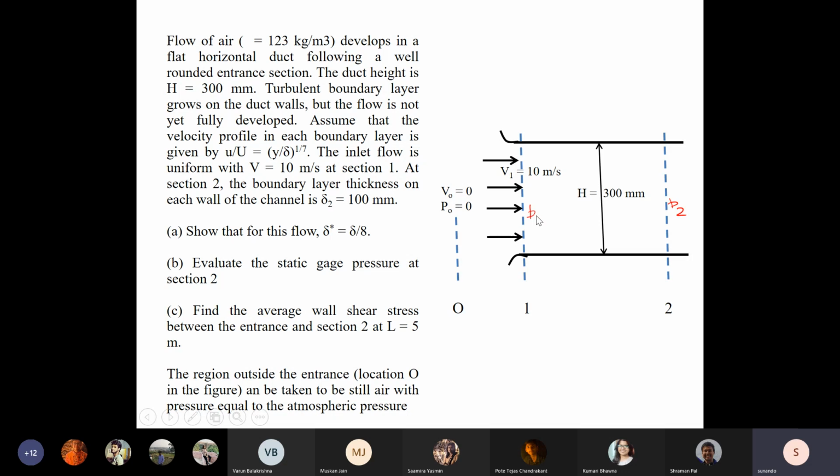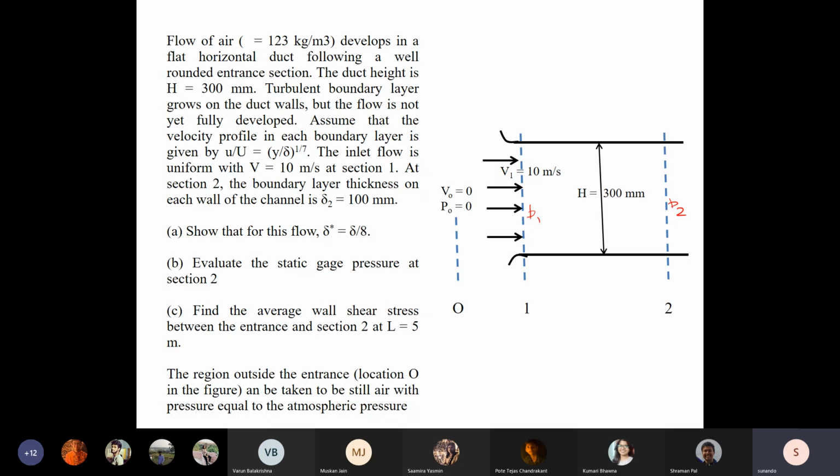So P1 is going to be less than P0, and this simply says that in this duct a suction is being operated. There is a suction pump at this end which pulls the air from the outside, which had zero velocity, but imparts some velocity over here. So therefore P1 has to be negative.